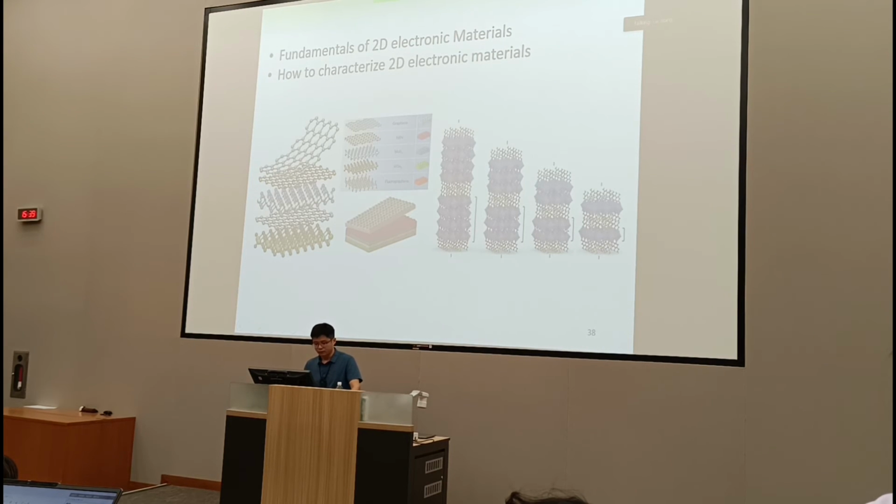There are different types of 2D materials I mentioned earlier. There are inorganic materials, and also these new types of inorganic and organic hybrid perovskite materials. In the first part of Professor Tan's lecture, they talked about the perovskite.